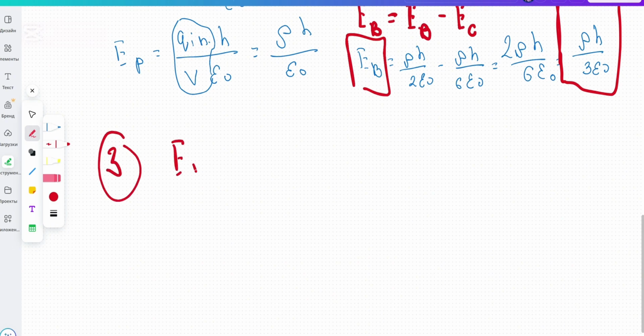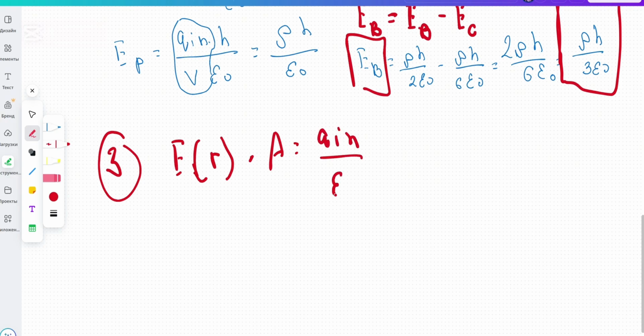So now we need to create a function along OA. We use the same formula, Gauss's law, finding the field along line OA, to finally determine how the electric field varies along the line OA.